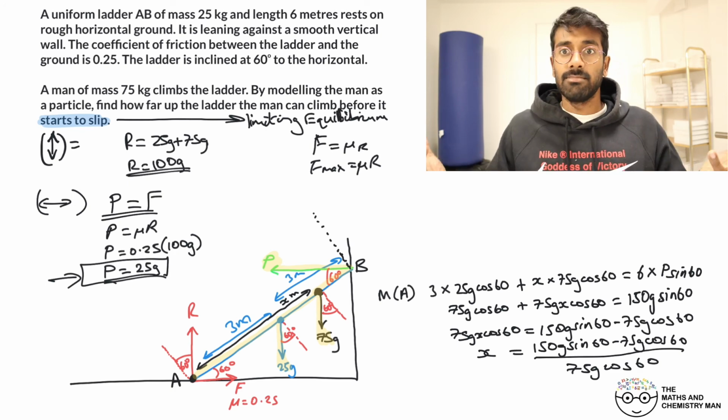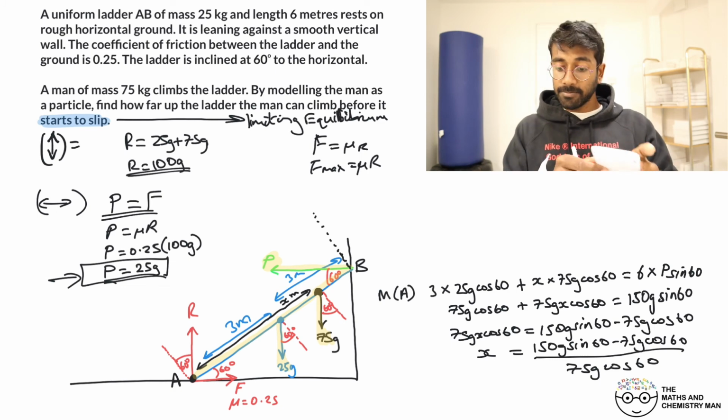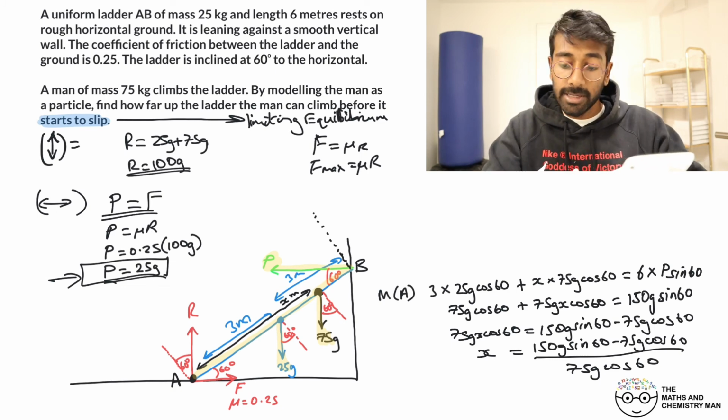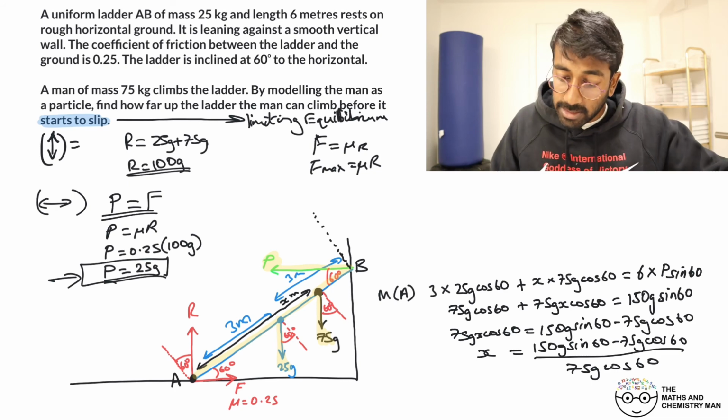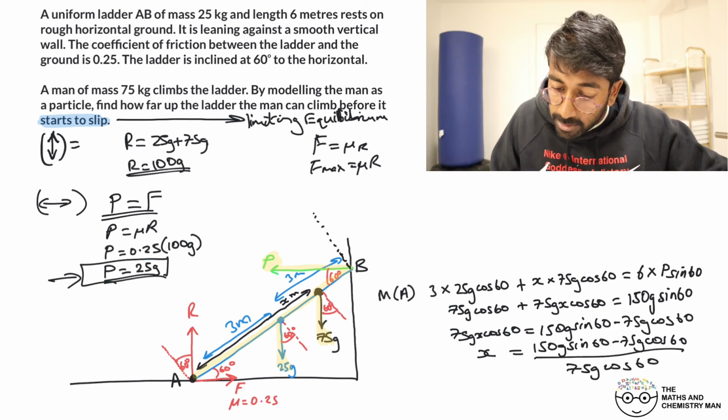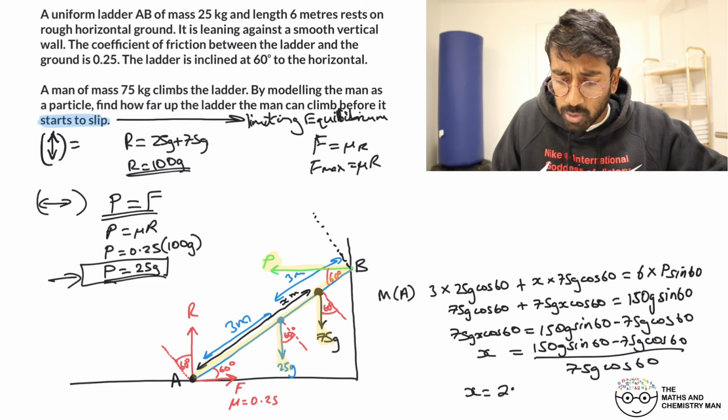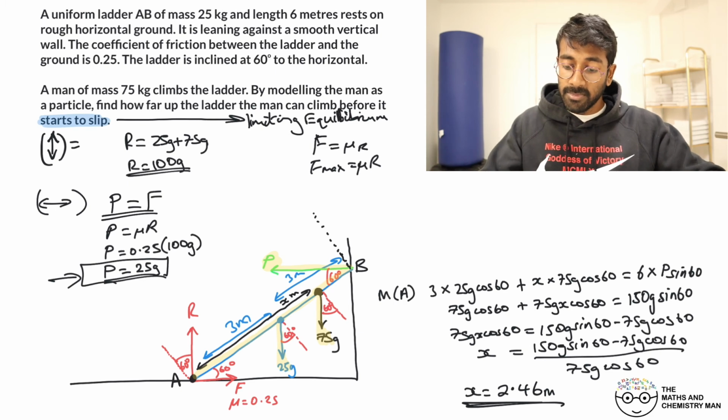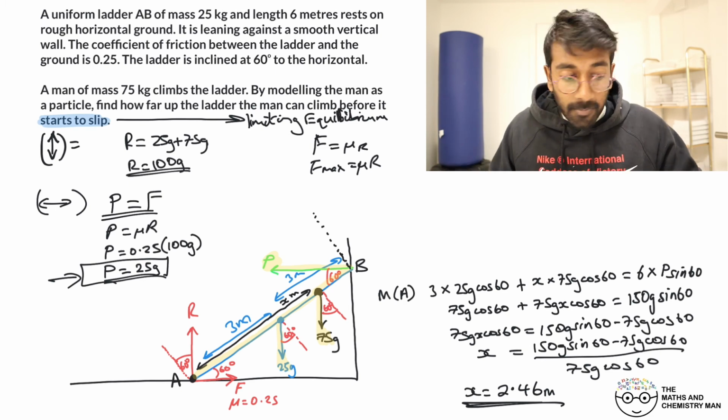So let's quickly calculate this. 150 times 9.8 sine 60, take away 75 times 9.8 times cos 60, all over 75 times 9.8 times cos 60. And we've got X as, to 3 sig figs, 2.46 meters. Okay, there we go. And I think that should be that.